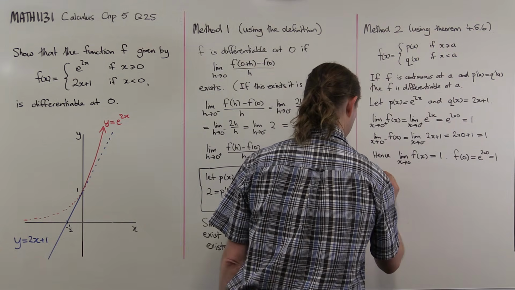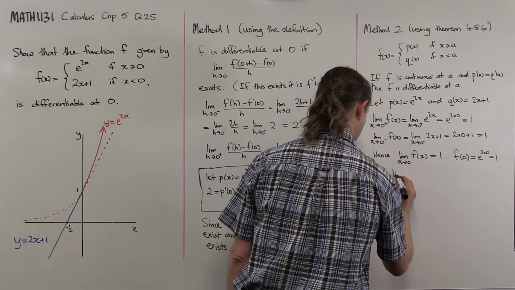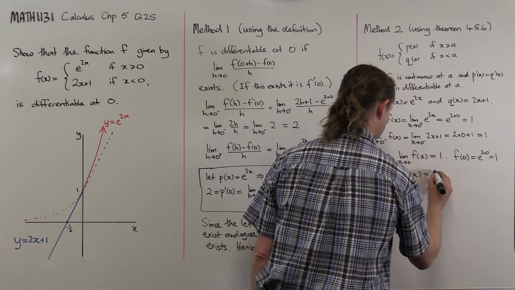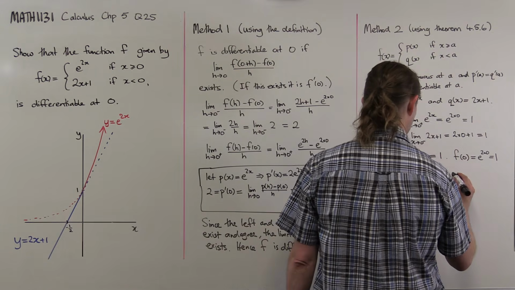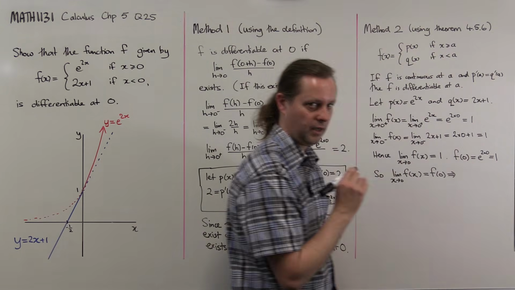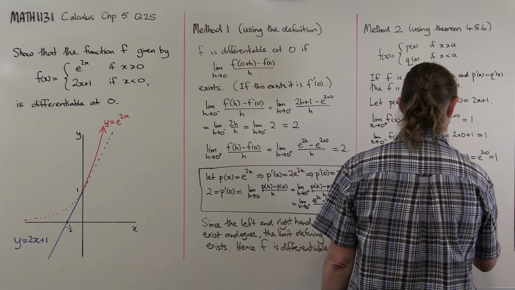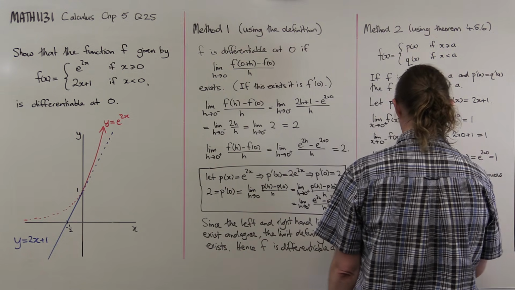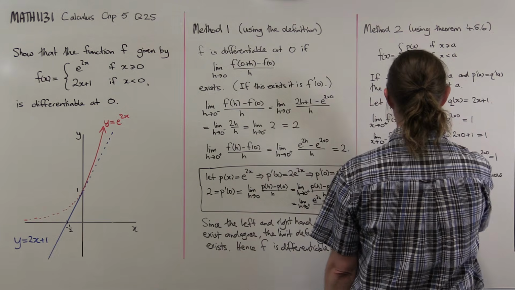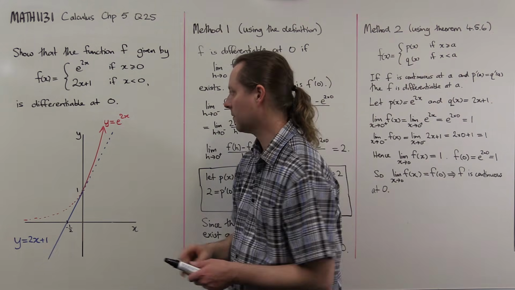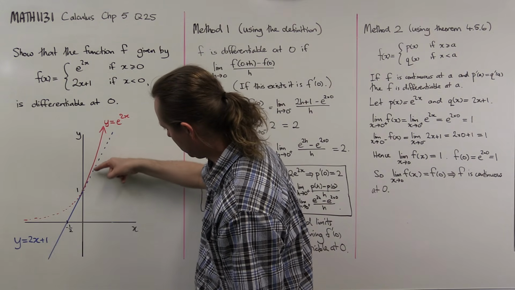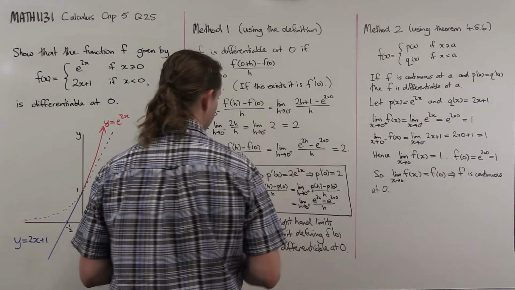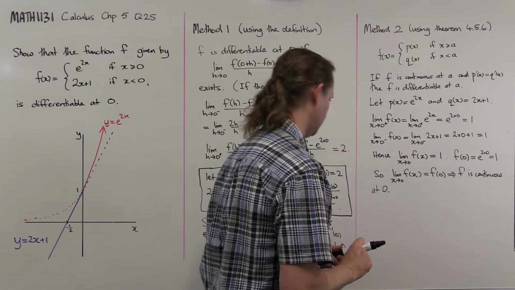So the limit as x tends to 0 of f of x is equal to f of 0. That tells us that f is continuous at 0. So that's the first part we need to use this theorem. Really what we're saying here is the limit as you approach along this way is 1, and the limit as you approach along this way is 1. They agree, and they agree with the value of the function there, so it's continuous.